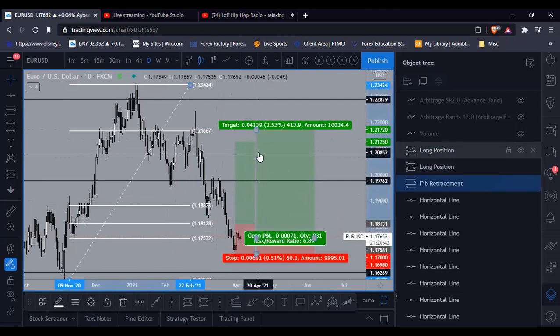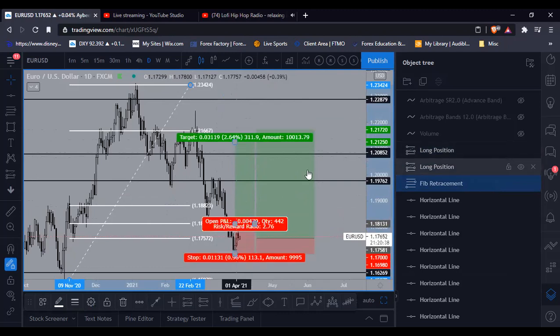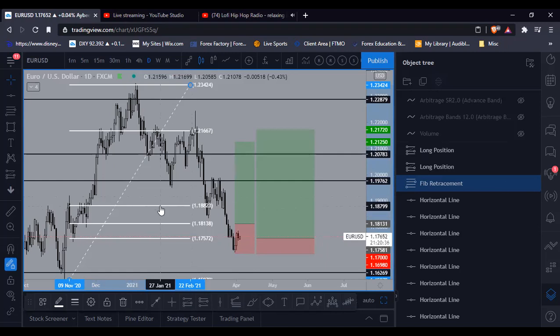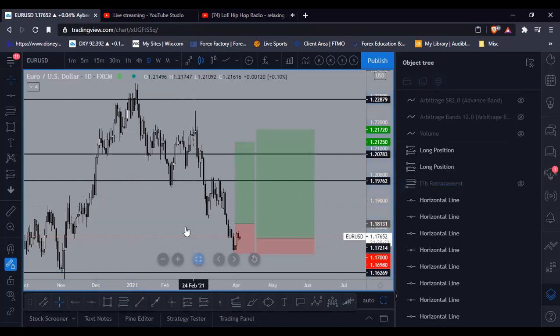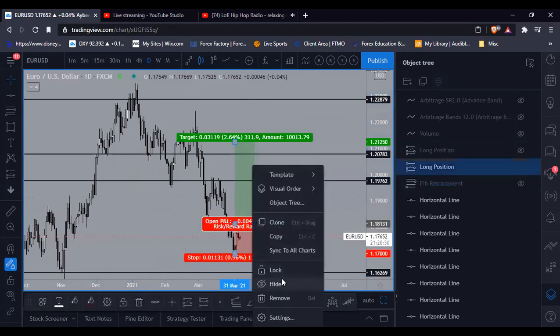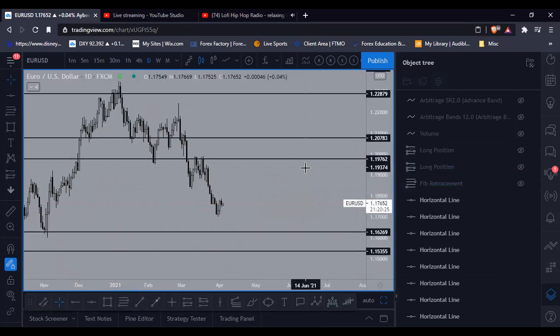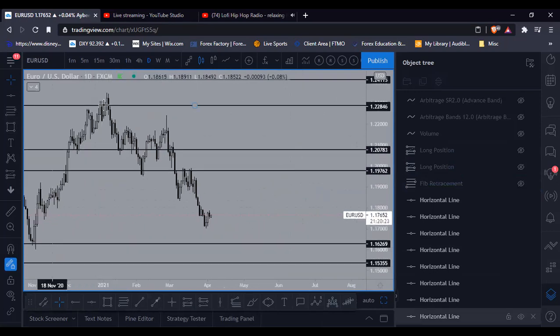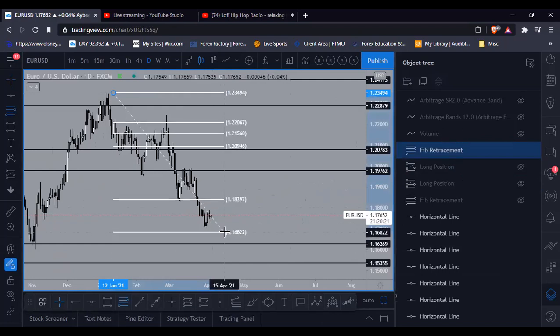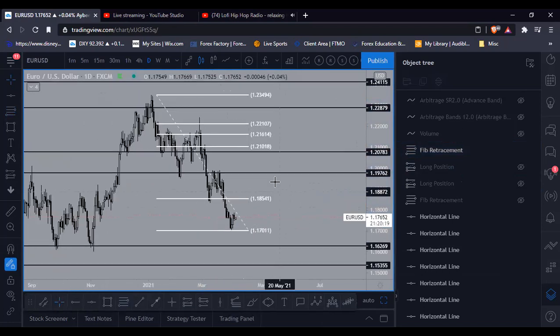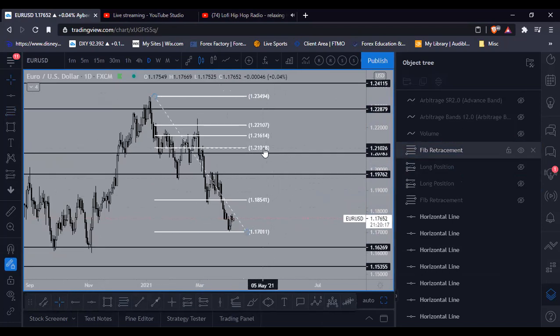Remember, I am starting to change my bias to Euro USD for a sell, but I still do see this buy possibility. But overall, what I am really trying to do is take Euro USD, and once it comes to the upside over here, I want to see what it does over here at 1.2100 or 1.21614.